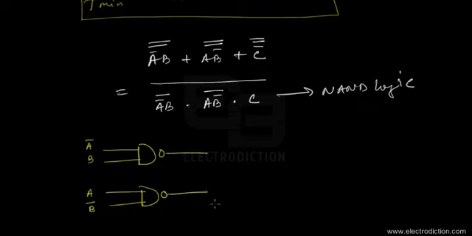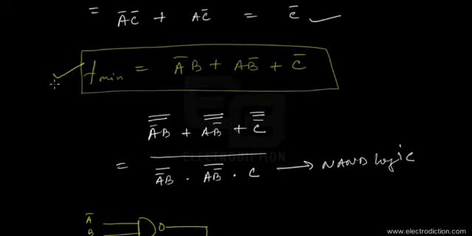And finally we have the term C that's being fed as the input to the third and final NAND gate. Here it'll be a 3 input NAND gate, and finally the output would be nothing but this result F min.